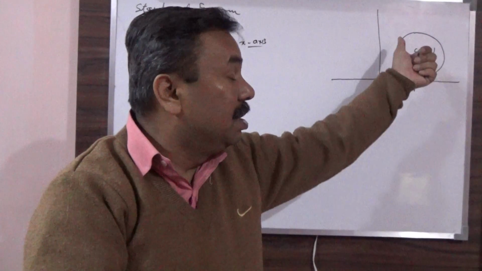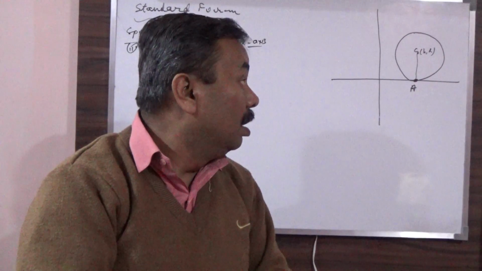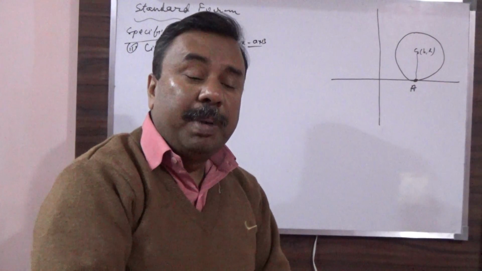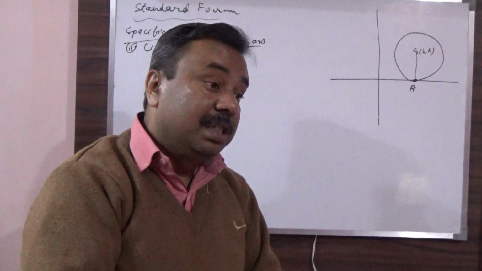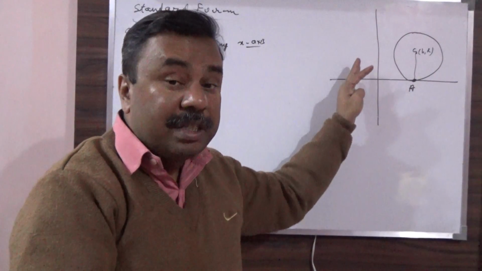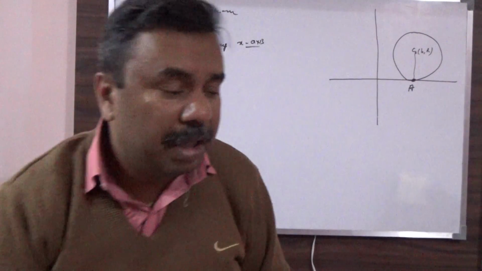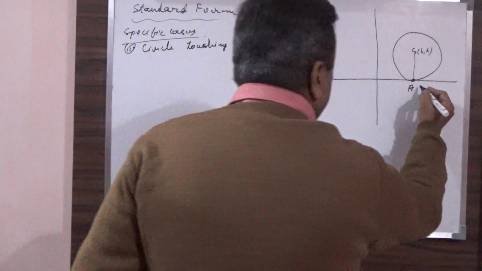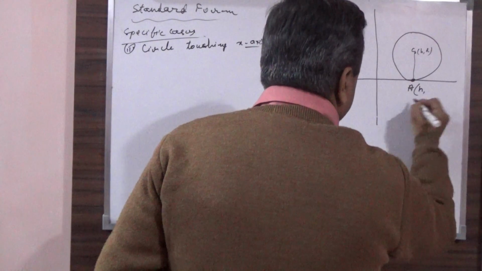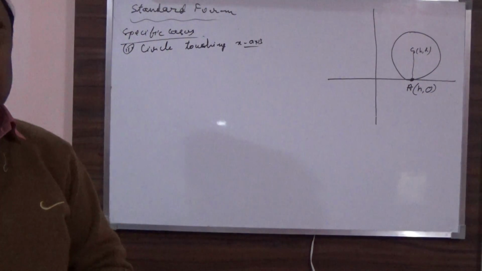And in this case, since the circle is touching the x-axis, the x-axis is a tangent to the circle, so obviously CA will be perpendicular to the x-axis. And if it is perpendicular to the x-axis, that means it is parallel to the y-axis. So this distance will be the same as this one. So the coordinates of A will be h, and what will be the y coordinate? That will be 0, because it is on the x-axis.